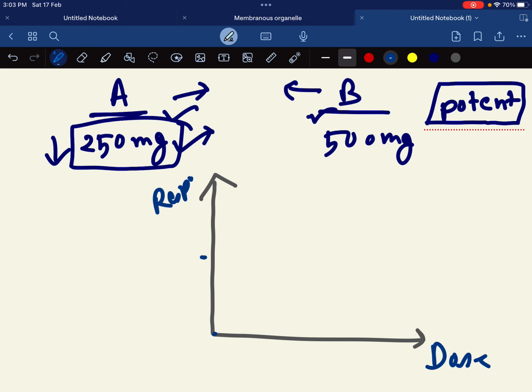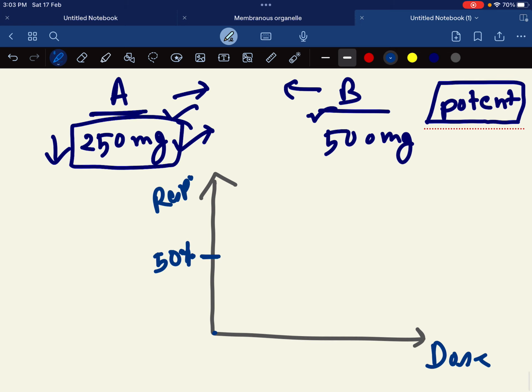You may say that you want to get 50% of the response. At which concentration may I get 50% of the response? For A, I got 50% of the response at 250 milligram. So for drug A, the response curve will be like this.